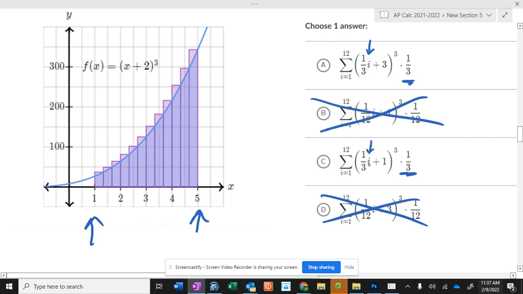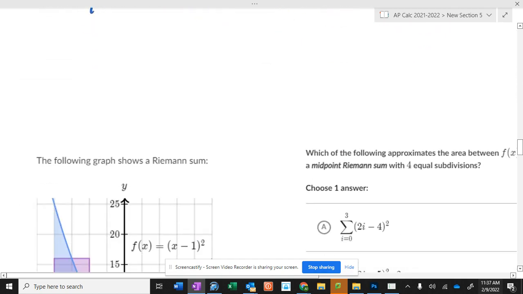Here, if you stick in a 1, it's 1/3 plus 1, which is 1 1/3 cubed, which is right here. If you put a 2 in, that's 1 2/3 cubed. If you put in a 3, that's 3/3, which is 1 plus 1, which is 2 cubed. So it must be this one. Okay? All right.